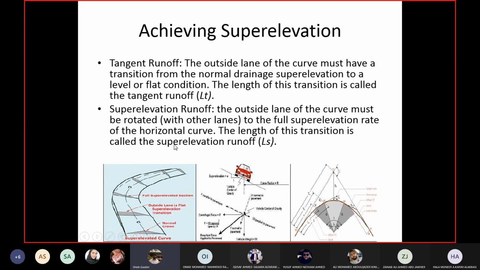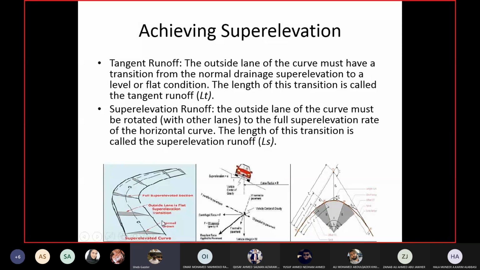Tangent runoff means what? Now keep in mind, for super elevation, we need to raise the outside edge of the road. Obviously you cannot just raise the edge, you will raise the whole lane, right? So for super elevation, we need to raise the outside lane of the road to the value of the super elevation. So in tangent runoff, you raise the outside lane of the road from the normal drainage super elevation to flat slope, 0% slope.